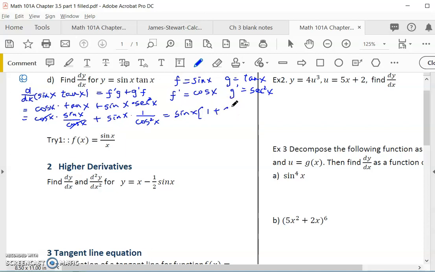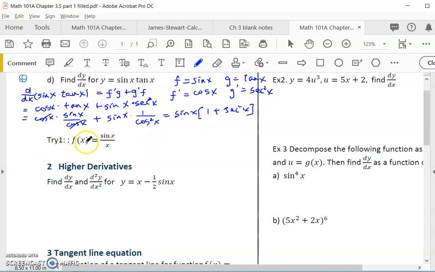Either way is fine. Just simplify it as much as possible. 1 plus secant square x is not any particular identity. Secant square x is related to tangent x, but that's too much. So the best you can do right now is to simplify like this.